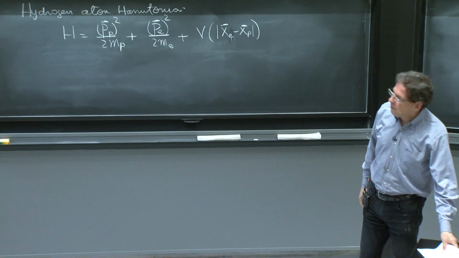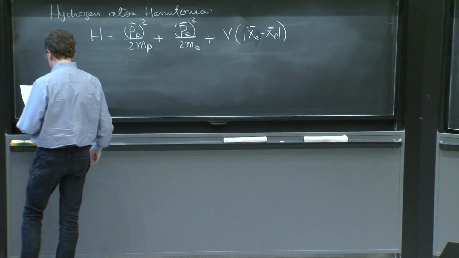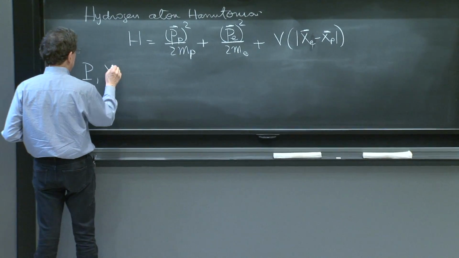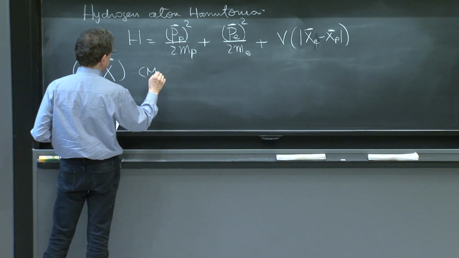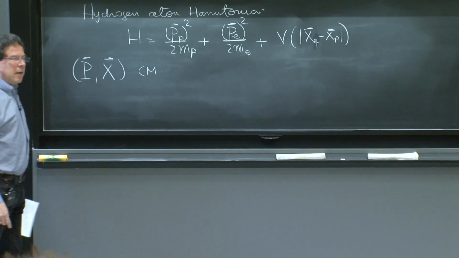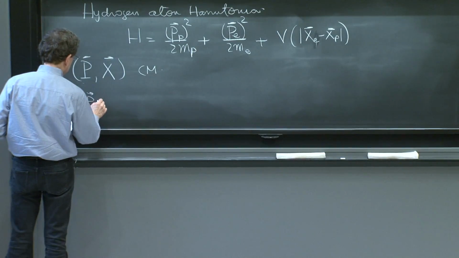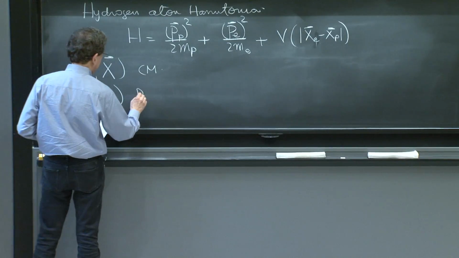So we searched for another two pairs of variables, and we found another two pairs. One was the P and X associated with a center of mass motion. And then we had a small p and a small x associated with the relative motion.